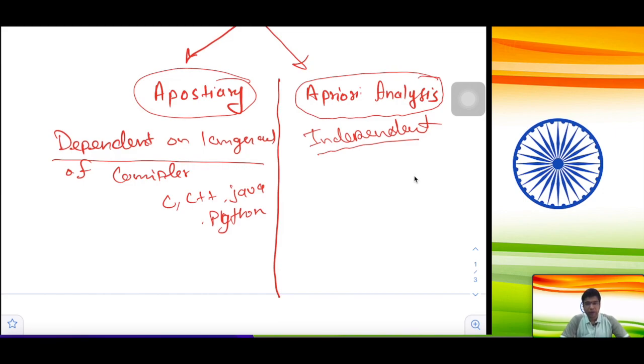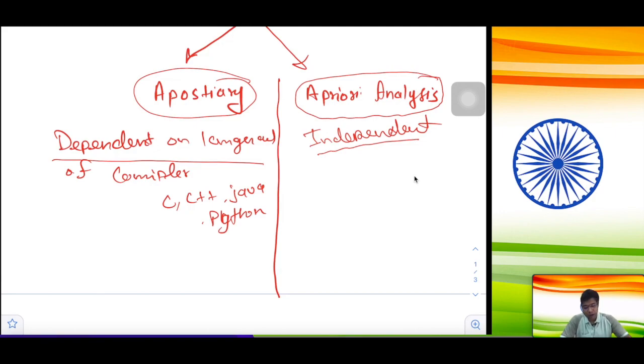You have created the algorithm and the flow chart, fully implemented your code in a specific language like Java or C++, and then you run it on a system and see how much time it takes. So this is the part of posteriori, and that is why we are not using it here.